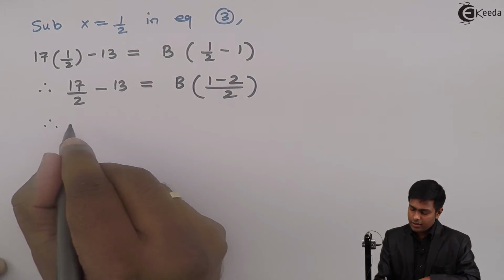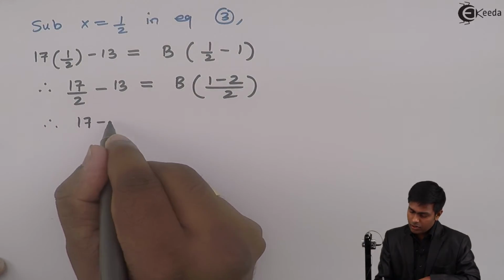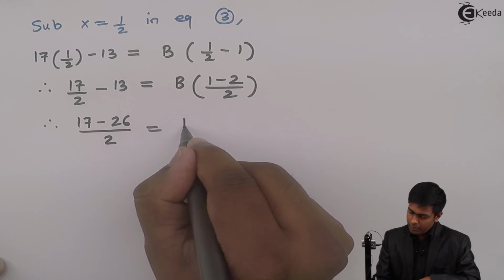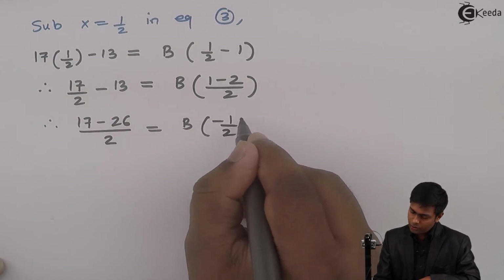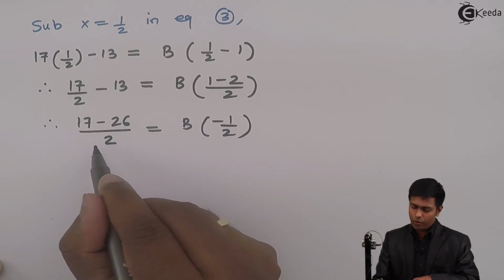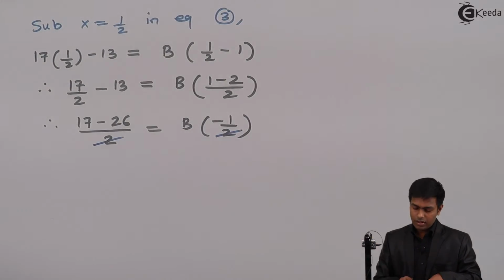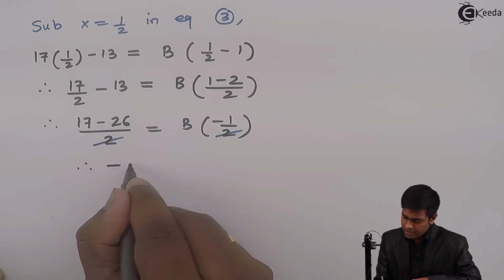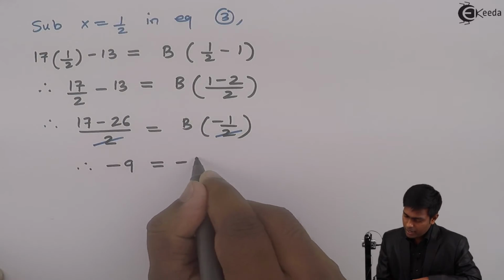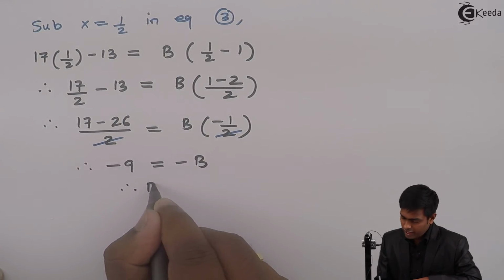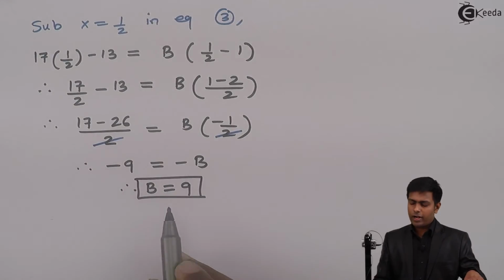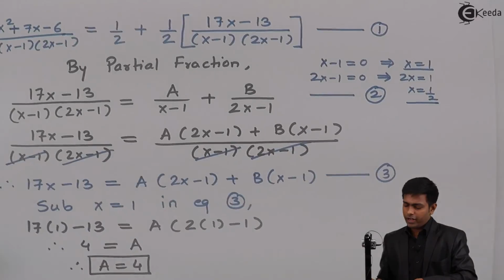Here we will get 17 minus 26 upon 2 is equal to b into minus 1 by 2. Now we can cancel 2 from both sides. Now this 17 minus 26 will give us minus 9, and this will become minus b, and therefore the value of b is equal to 9. So we got value of b as 9 and value of a as 4.